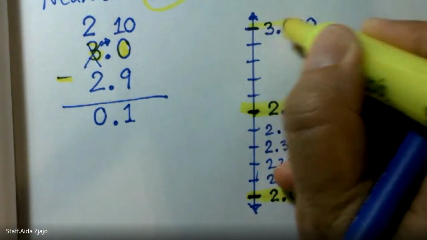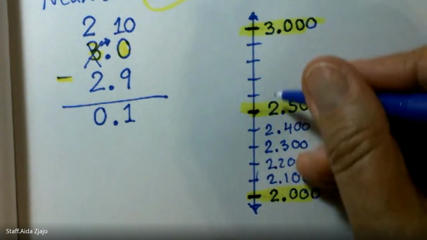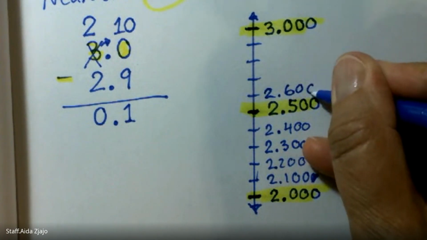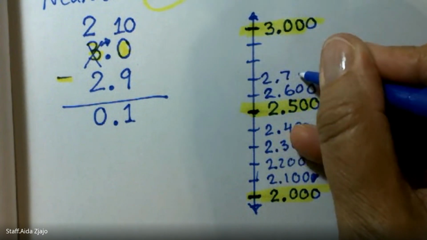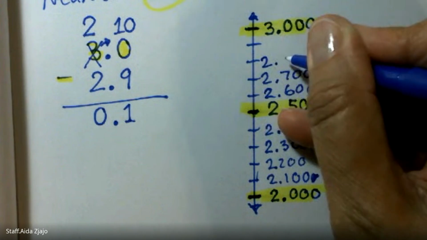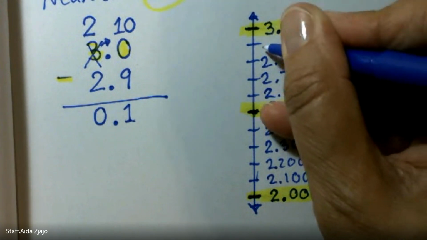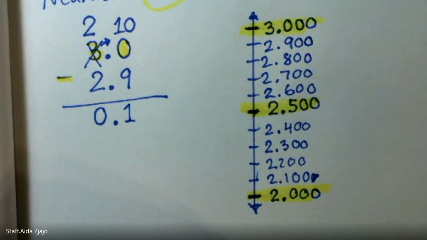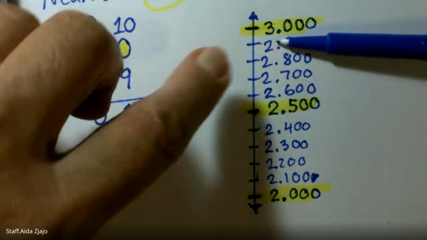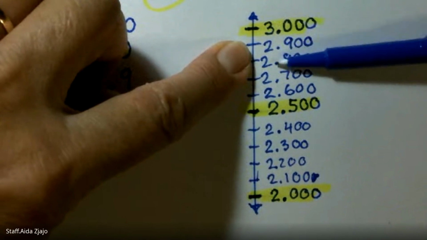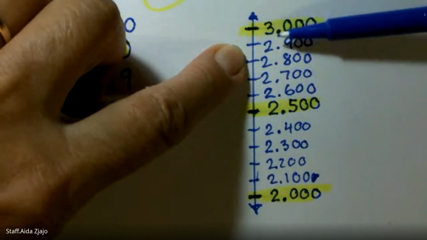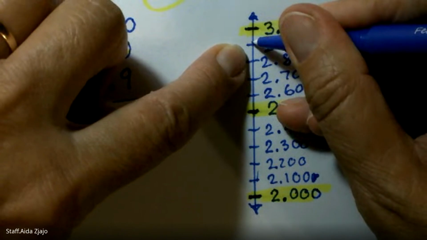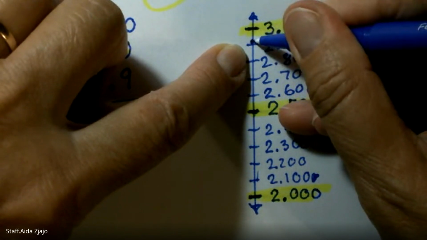I'm going to distinguish these numbers with a highlighter. The next points would be 2 and 600, 2 and 700, 2 and 800, 2 and 900. So we have 2.9, and then we have only 15 more here, very close to it.